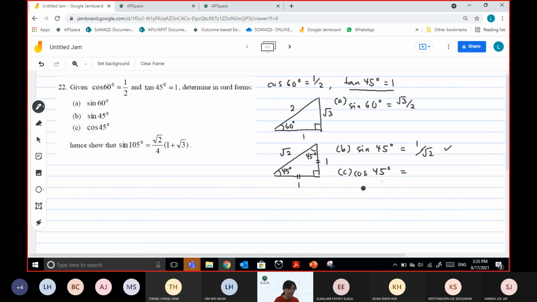So according to the triangle, what is the cos 45? Kai Feng? Can you refer to the triangle and give me what is cos 45?